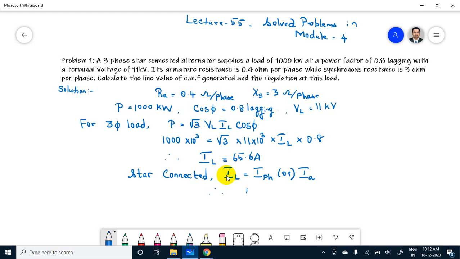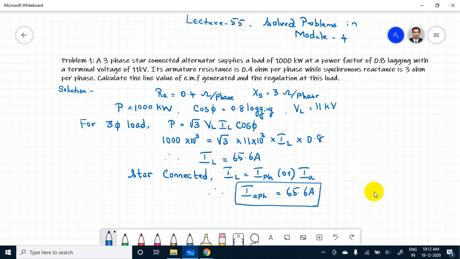Therefore, we can write armature current IA per phase equal to 65.6 ampere. Okay, next.